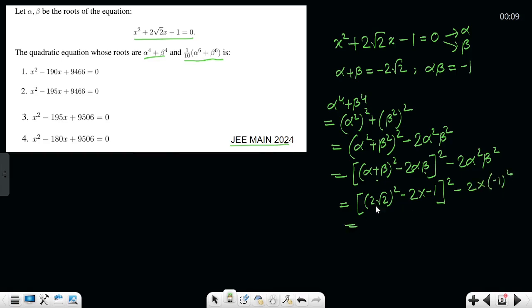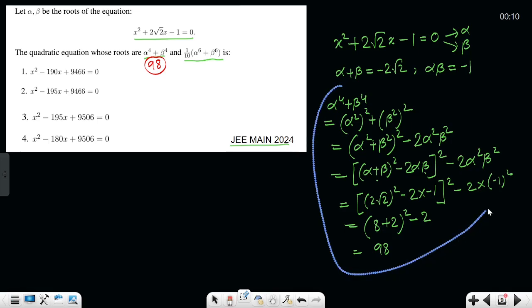So let us find the value. This is 8 plus 2, whole square, minus 1 whole square is 1, so minus 2. So this is 10, 10 square is 100, 100 minus 2 is 98. So the value of alpha to the power 4 plus beta to the power 4 is 98.